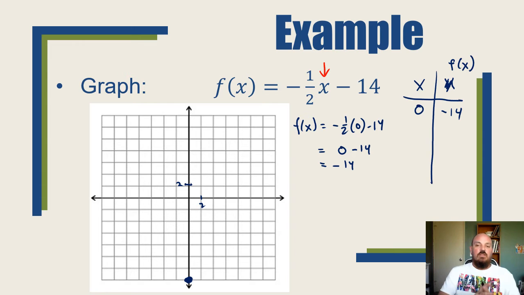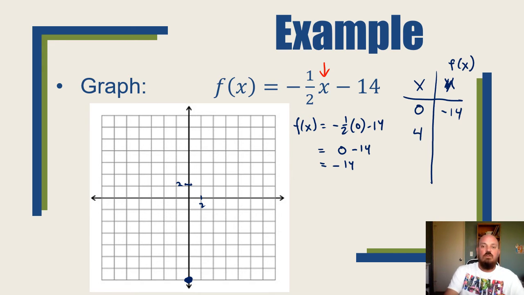And now here's another thing. When I go to find another point on this graph, I don't want to choose 1 for x, because I have fractions here. If I choose 1 for x, and I multiply it by 1/2, 1/2 times 1 is 1/2, and I have fractions. But if I choose only even numbers, then I won't have fractions. So I probably want to choose 2, or maybe 4 or 6. Let me choose 4, just to show you I can pick anything I want.